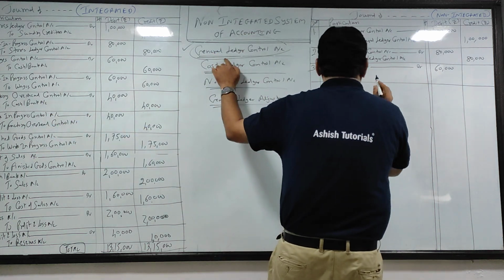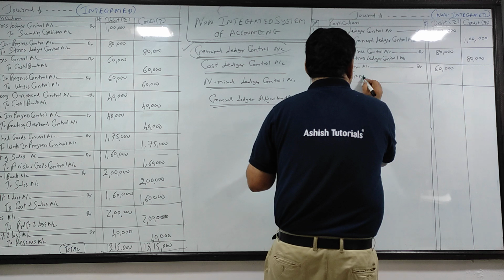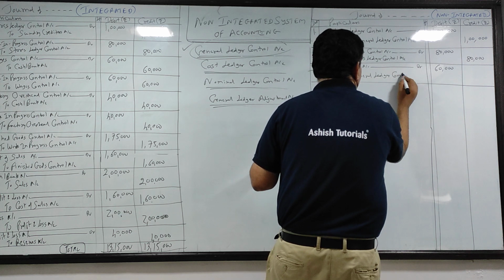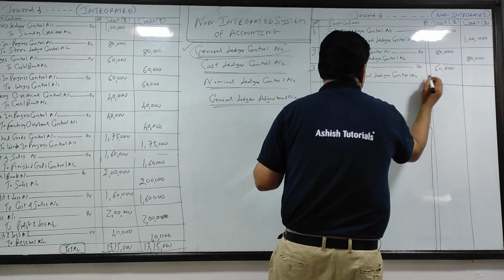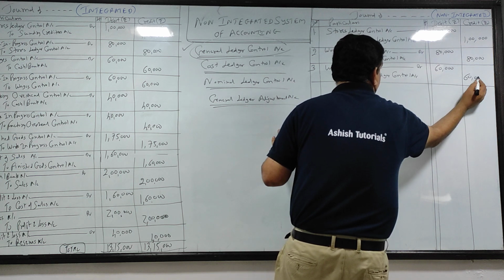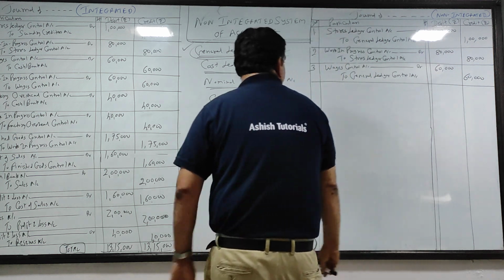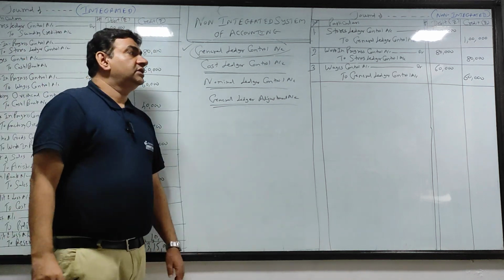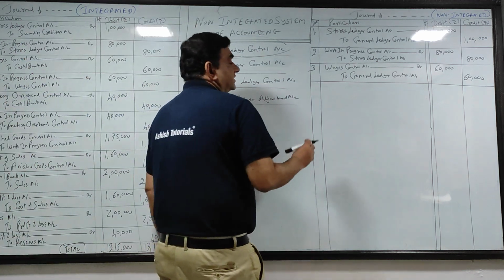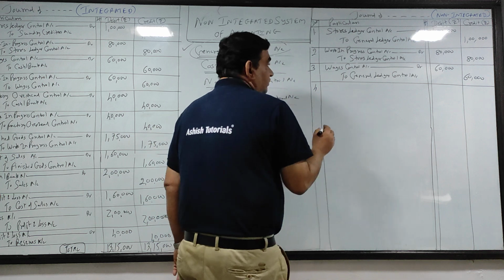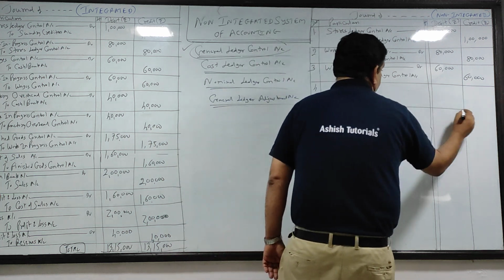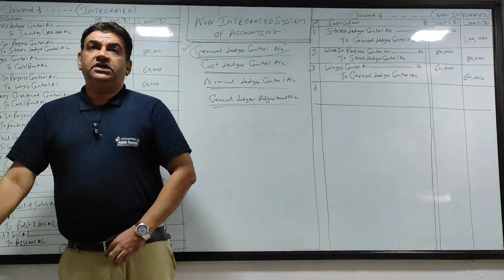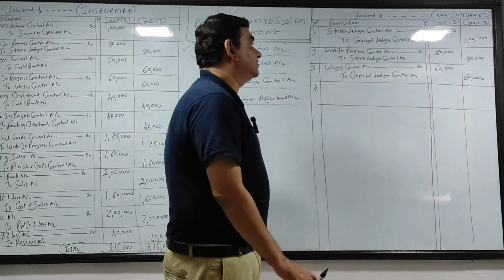So this I will credit again general ledger control account. Which control account debit 60,000 to general ledger control account 60,000.